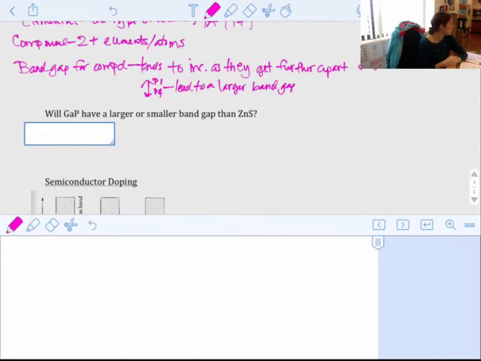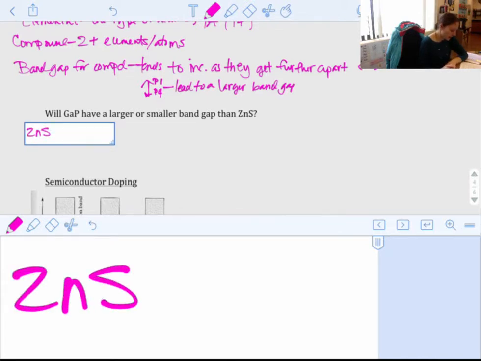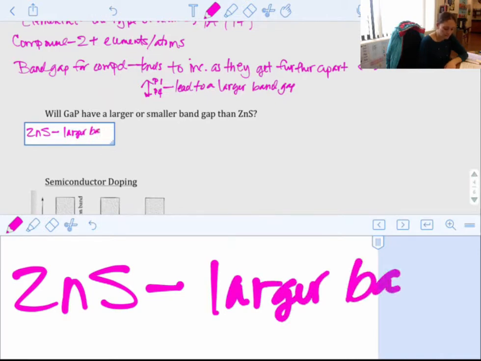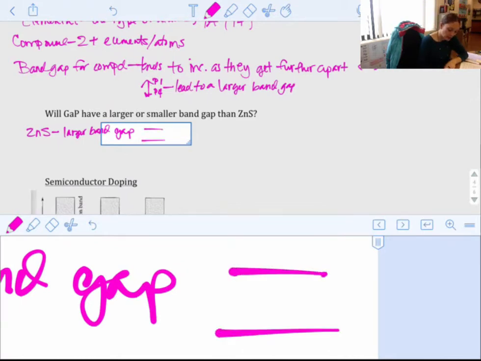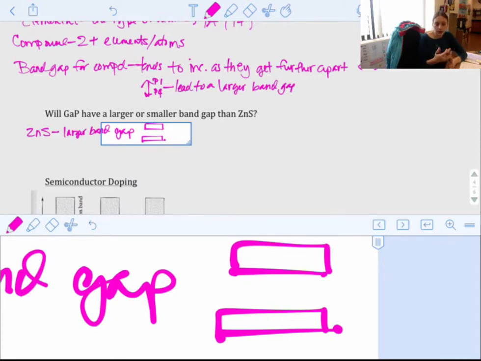Ga and phosphorus are closer together than Zn and S. So Zn and S is going to have your larger band gap, because they're further apart, which means the gap between my bonding and anti-bonding molecular orbitals is much larger. It's that gap right here in the middle: what wants to bond and what really doesn't want to bond, basically.